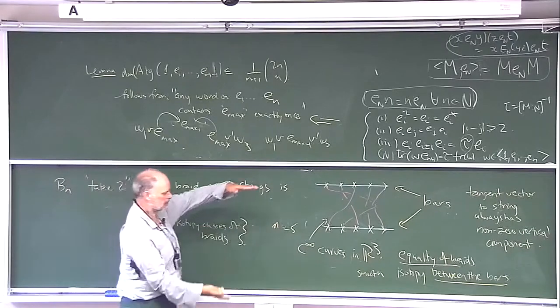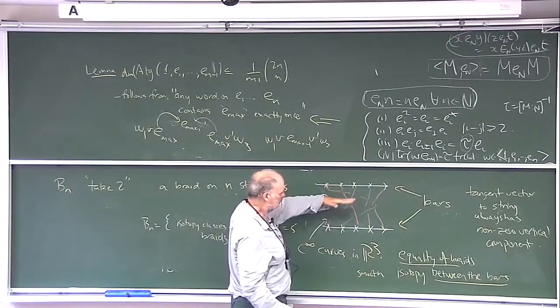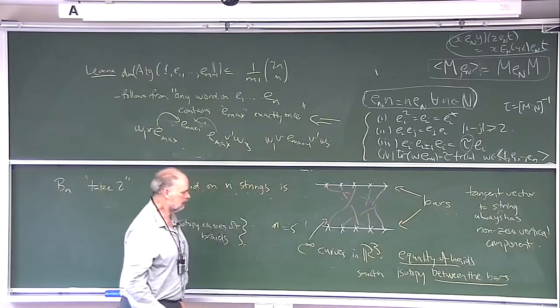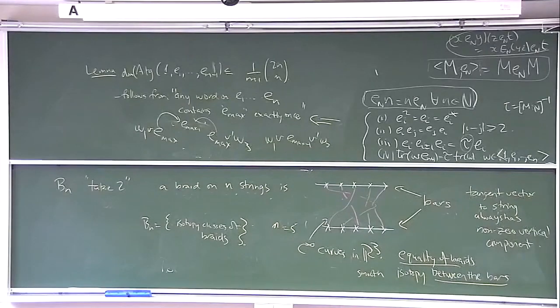The scaling doesn't matter because you can get them by stretching, and these crossings can be moved around and so on. Doesn't matter very much as long as the isotopies happen in between the bars.